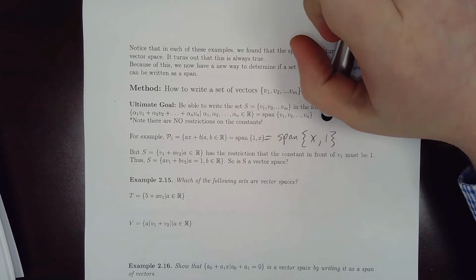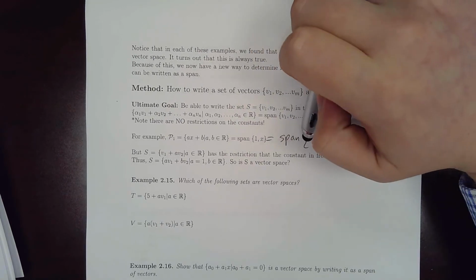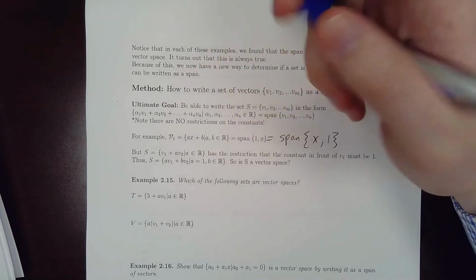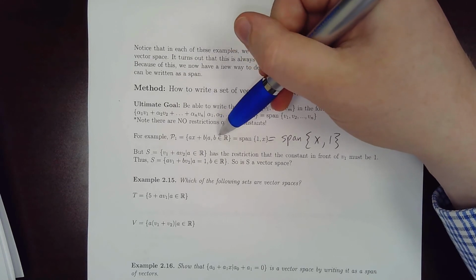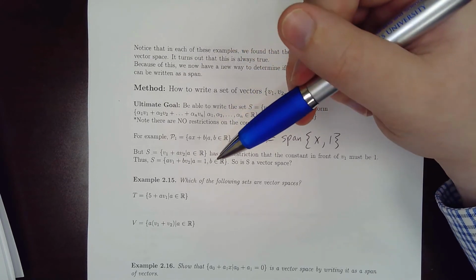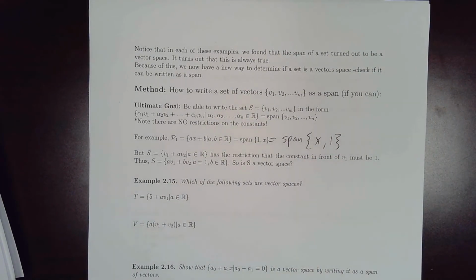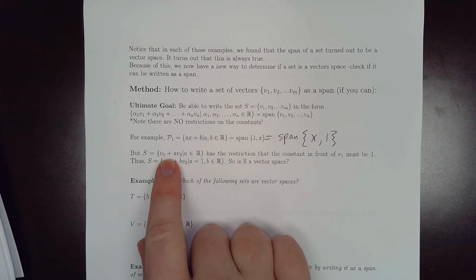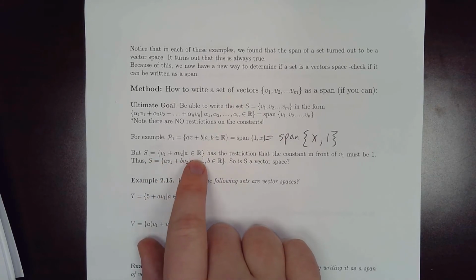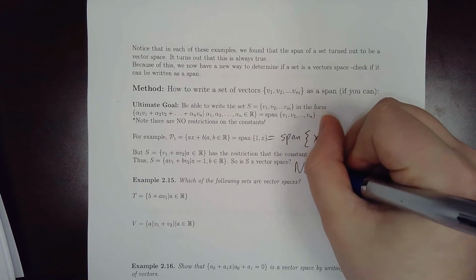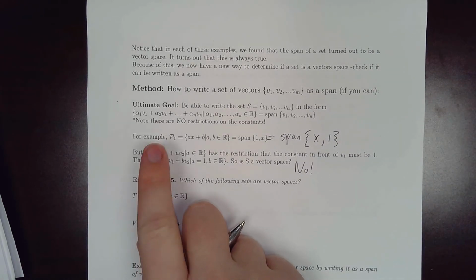So this is great. However, we have to keep in mind that in order to do this rewriting, every single part of our set builder notation needs to have some sort of arbitrary variable that we can use to do this rewrite, so that it is really the linear combination of those vectors. But notice that when we look at this set S, which is v1 plus a v2, where a is in the real numbers, this is not a vector space, because we have this restriction of v.